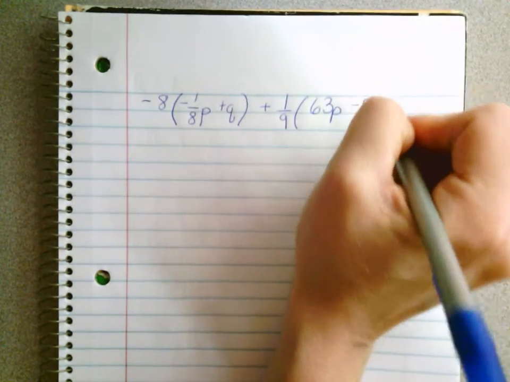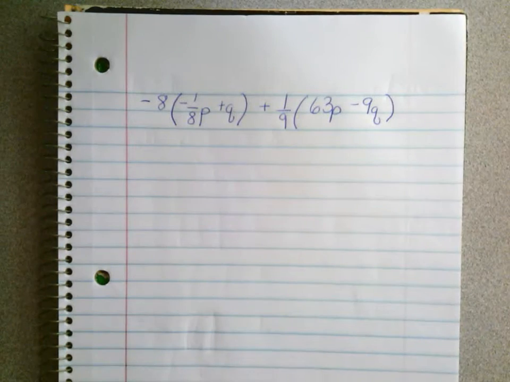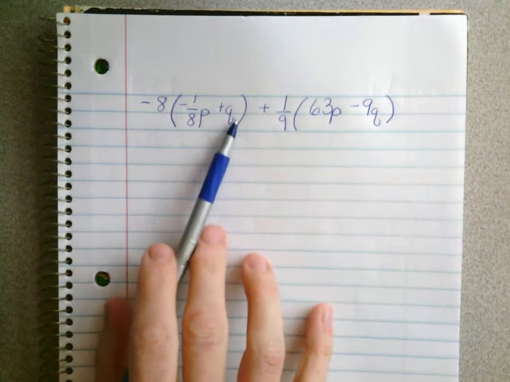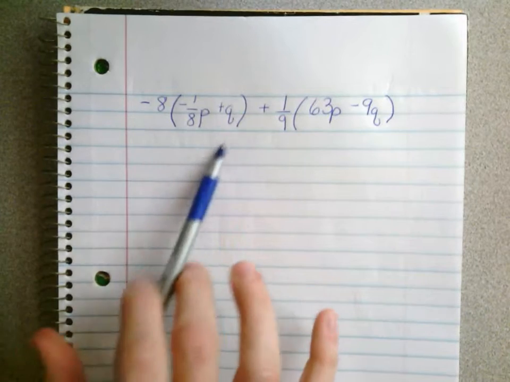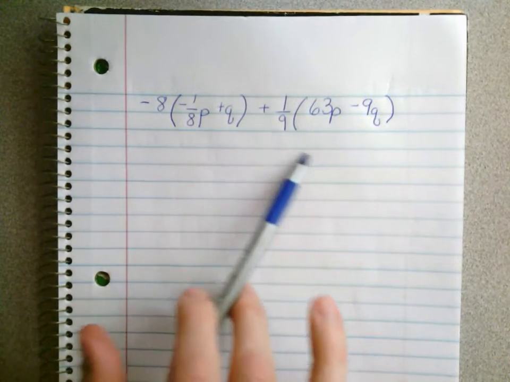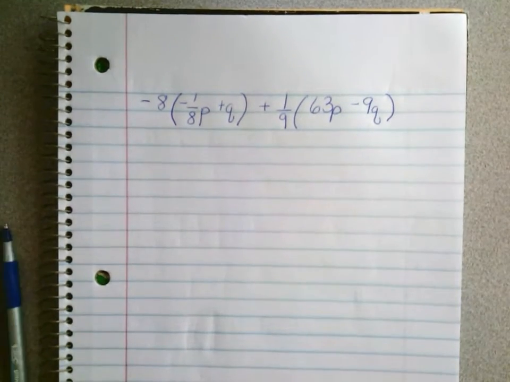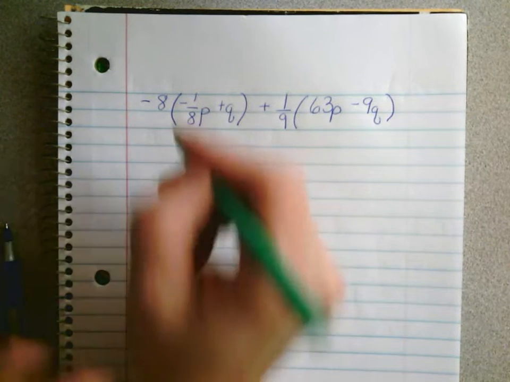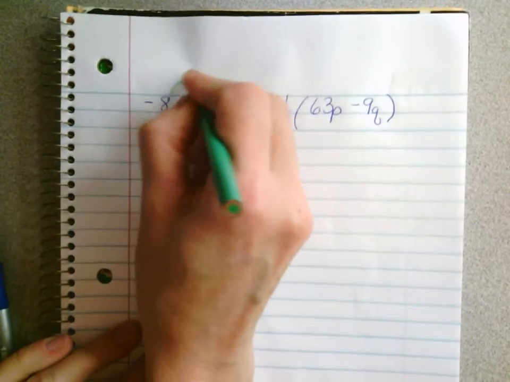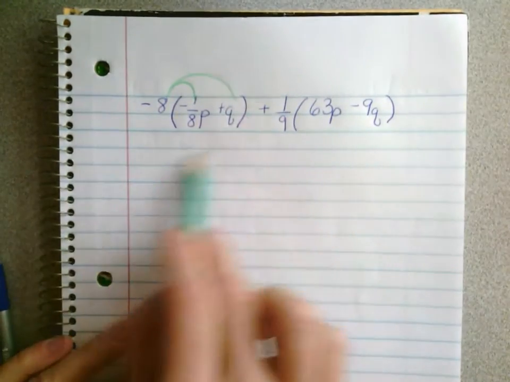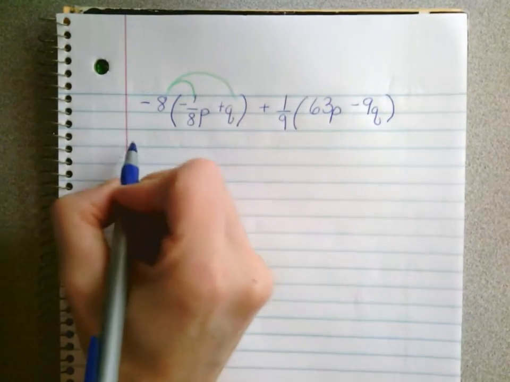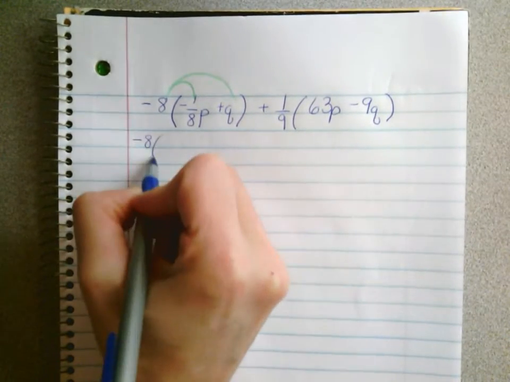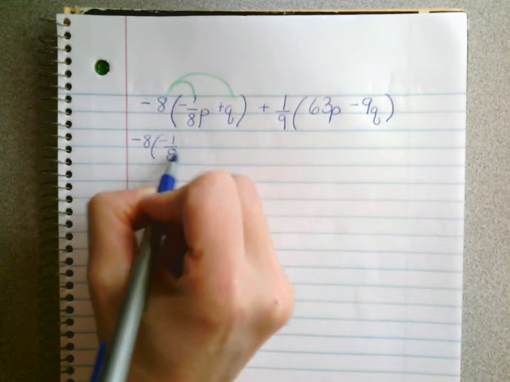Okay. So what this is saying is the sum of this product and this product. But first we just have to do the work. So you've done all this. We just now have to finish off by adding them together after we've solved each piece. So right here we've got negative 8 being multiplied by negative 1/8.